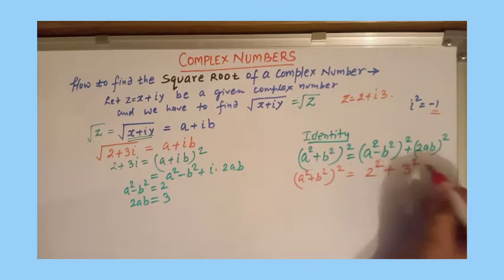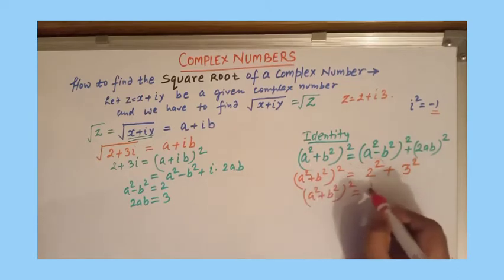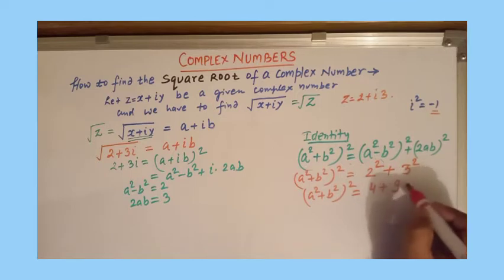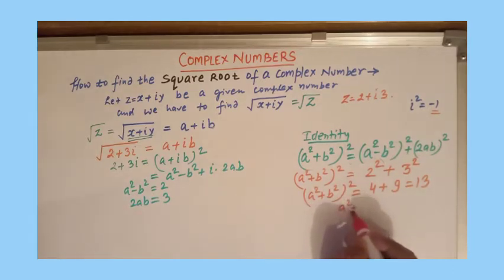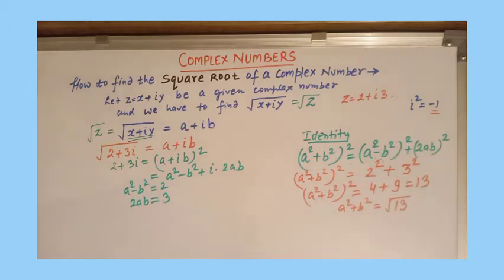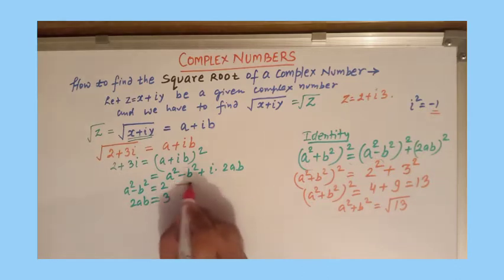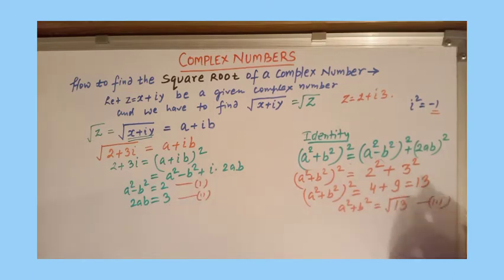Now (a square plus b square) whole square is equal to 4 plus 9, which is equal to 13. Clear? And a square plus b square can be written as square root of 13. Now viewers, let us take this equation as 1, this is equation 2, and this is equation 3.